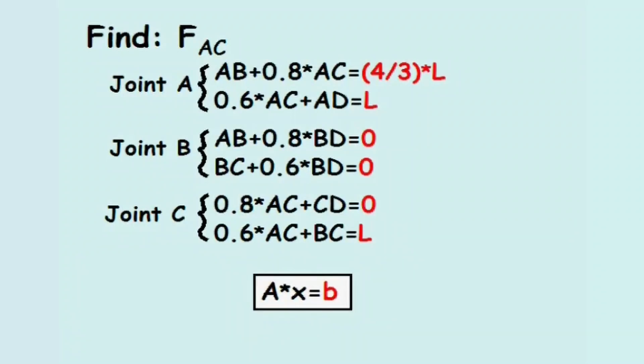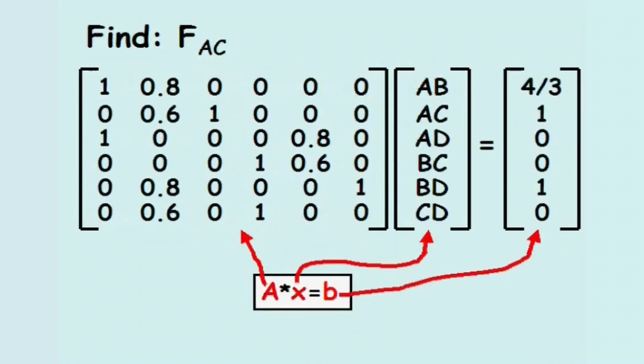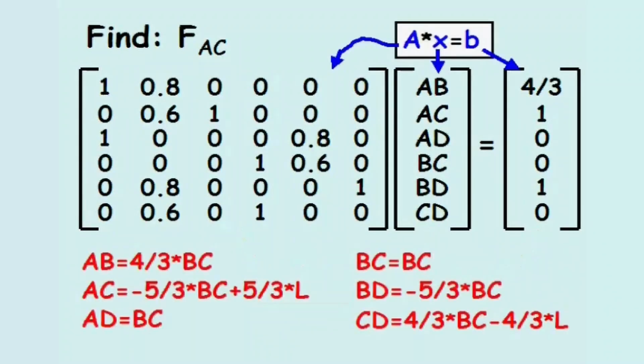Setting matrix A equal to the coefficients of each member force, vector x to the forces, and vector b to the constant values, we determine the truss is internally indeterminate because its member forces depend on each other, creating a circular solution.